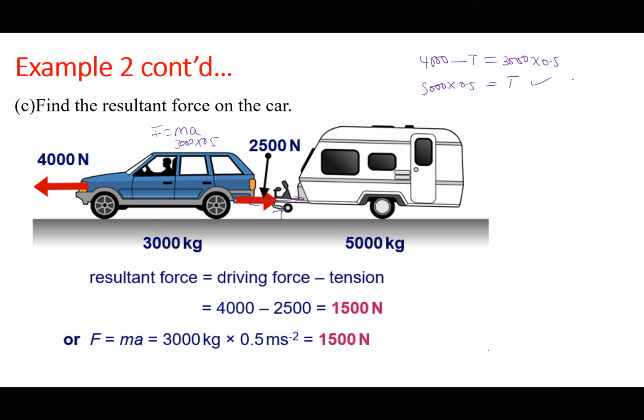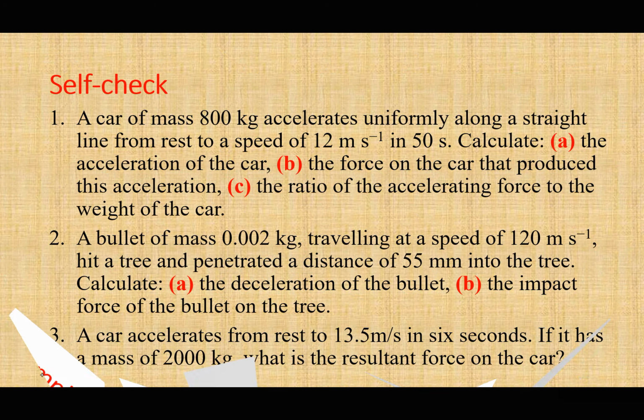So I know the tension from the second equation, and then I can use it for everything else. If I want to find the resultant force on the car, I can either take the left-hand side, or I can get 4,000 minus the tension. Those are two options. Many times the acceleration will not be given, as we shall see later on. So that's how we find the resultant force on the car alone. I've given a self-check for people to practice.